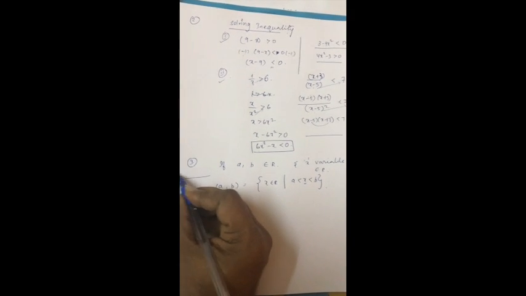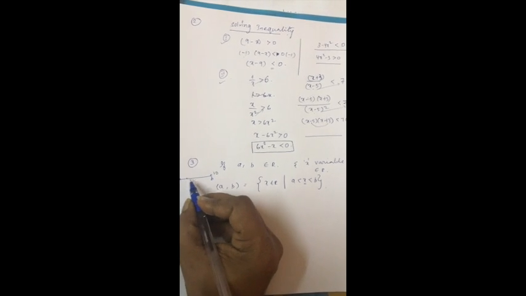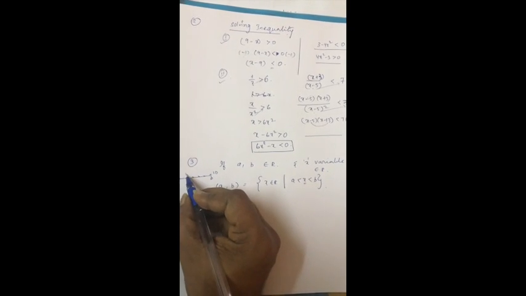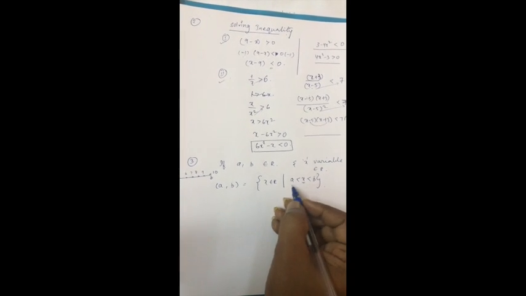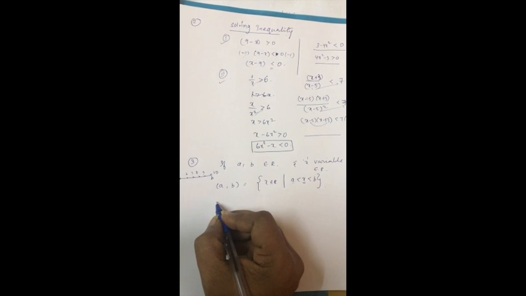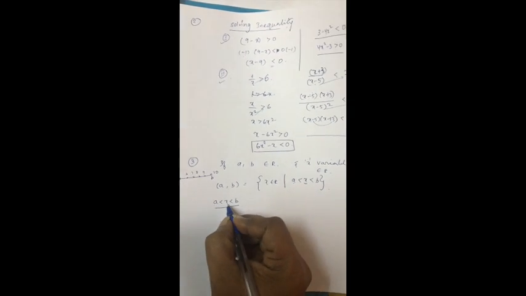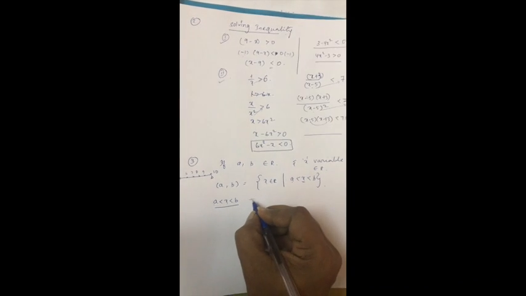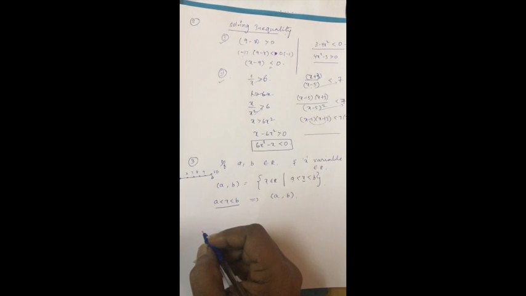If a is 5, let's say, and b is 10, then x is a variable which is changing. It can be 6, 7, 8, 9. So it is in between. x lies between a and b. Or else, whenever you see something like this, a is less than x less than b, you can simply write that in this notation.